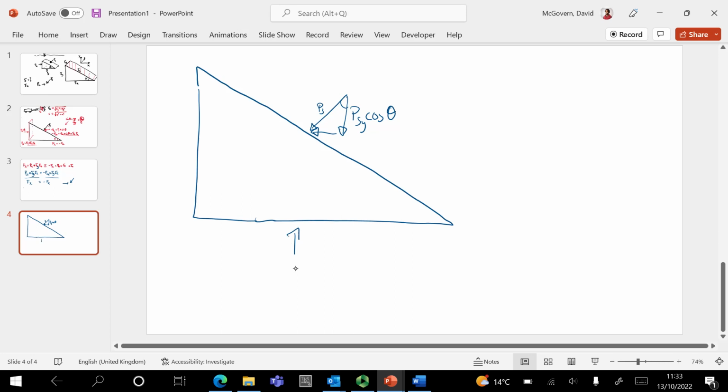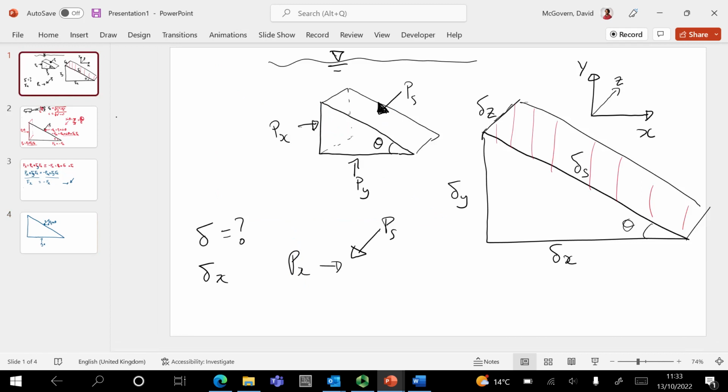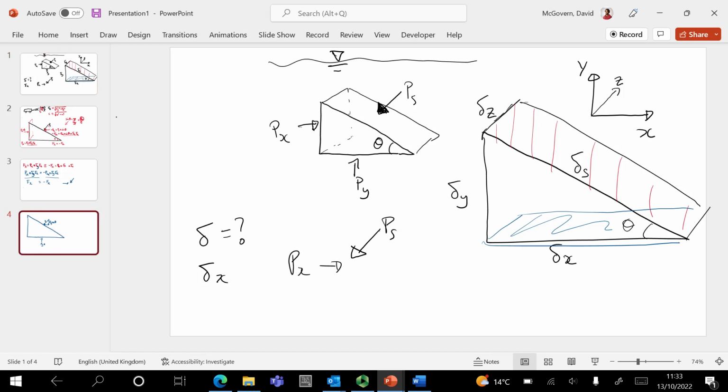So obviously coming up you've got Py, we're going to call that the positive one, we'll call this the negative one. So Py as a force is going to be Py multiplied by delta x, which is this bottom one here, times delta z, which is the third dimension, so it's going to be delta x times delta z to give us that surface.